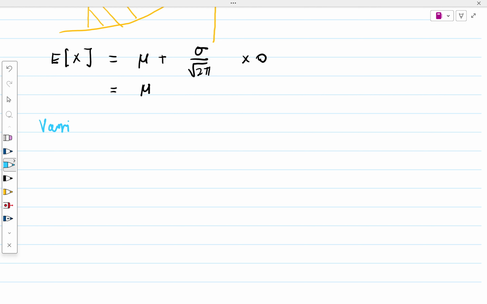So again, to compute the variance of the normal distribution, we will first have to derive an expression for the expected value of the second moment.